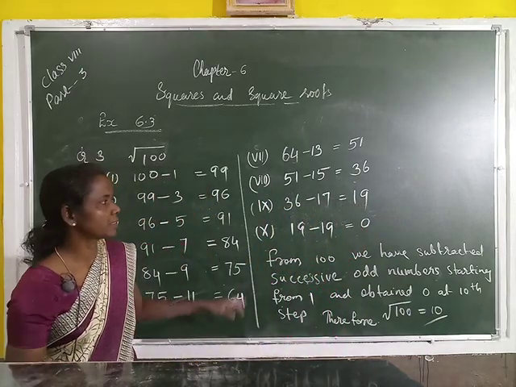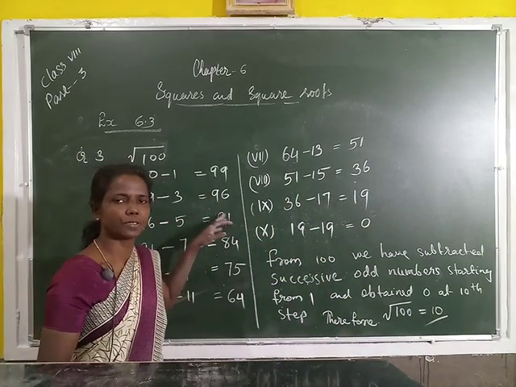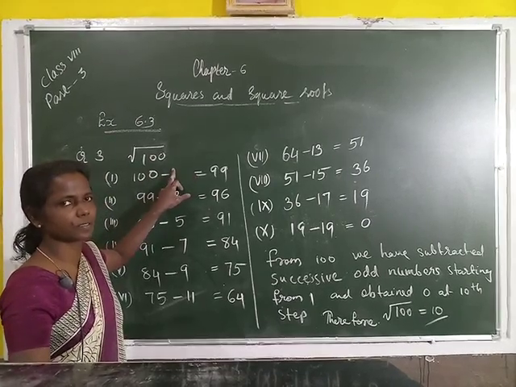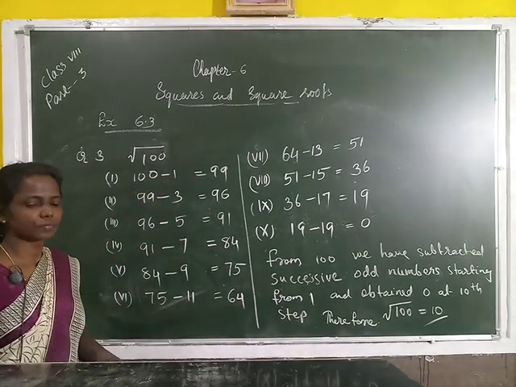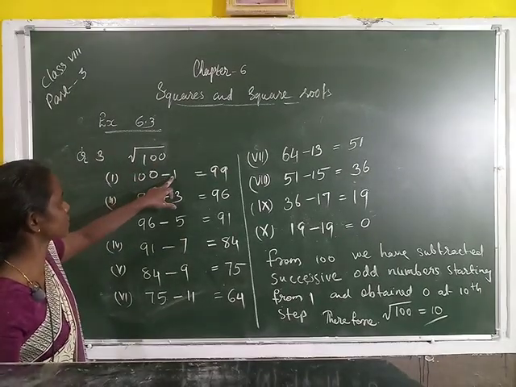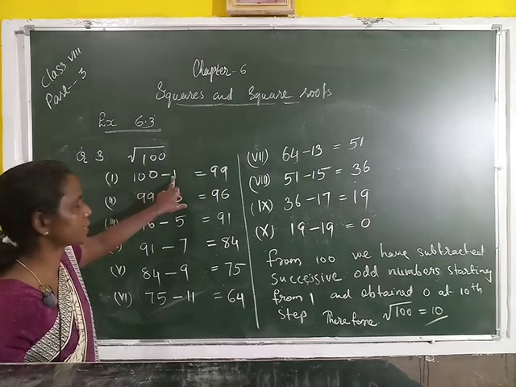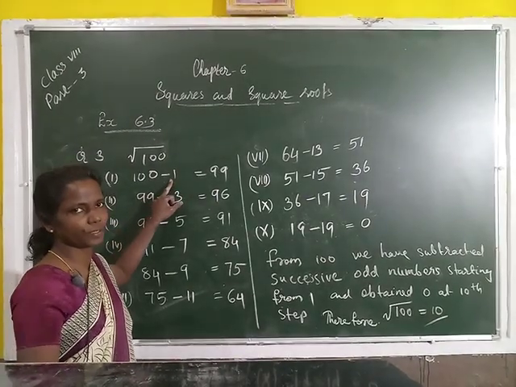Do you understand the repeated subtraction? How to find the square root? By repeated subtraction, first the given number is subtracted by odd numbers starting from 1.